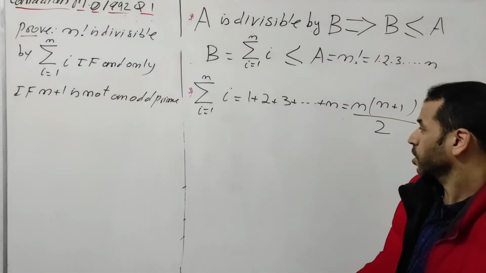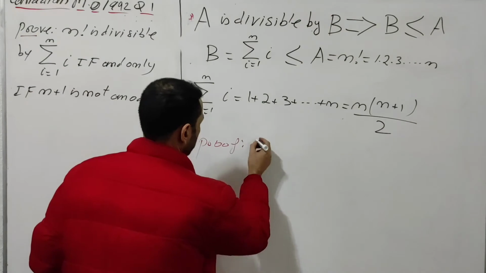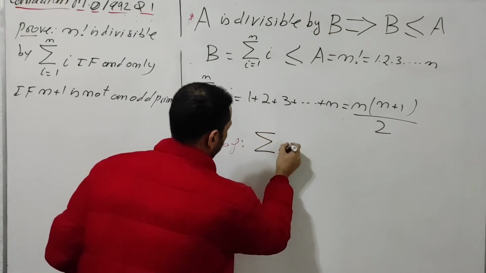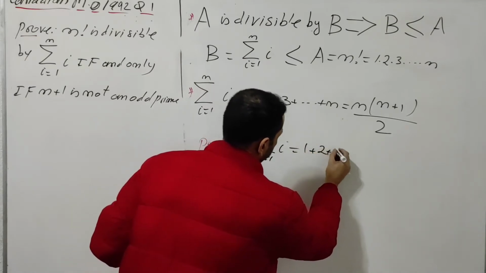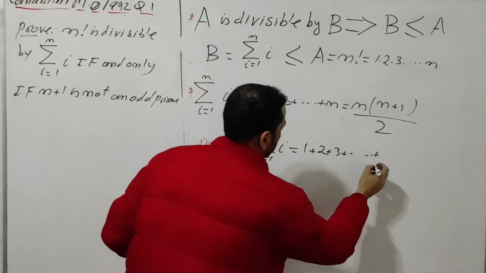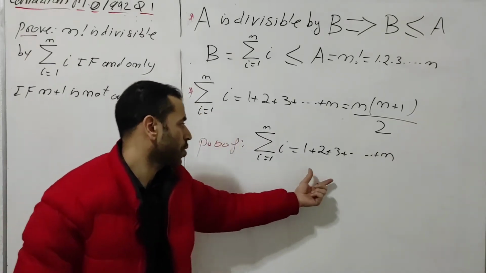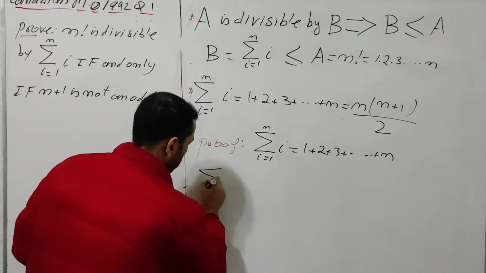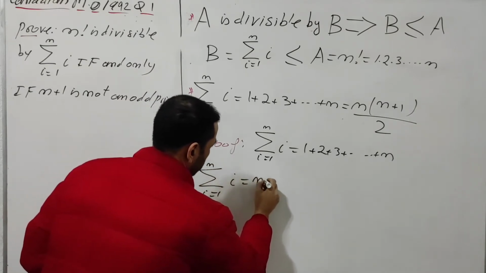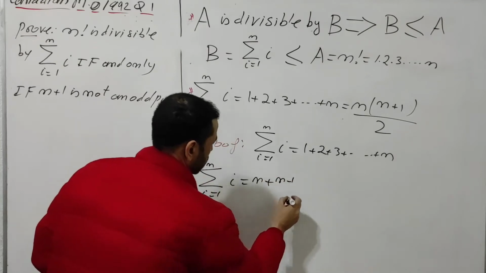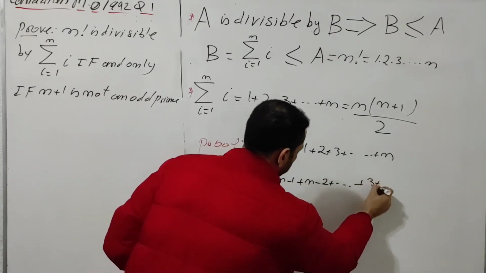Okay, let's get into the solution. I'm going to prove this second hint. I have the sum of i as i goes from 1 to n equal to 1 plus 2 plus 3 all the way down to n. I'm going to rewrite the same sum backwards, so the sum equals n plus n minus 1 plus n minus 2 all the way down to 3 plus 2 plus 1.